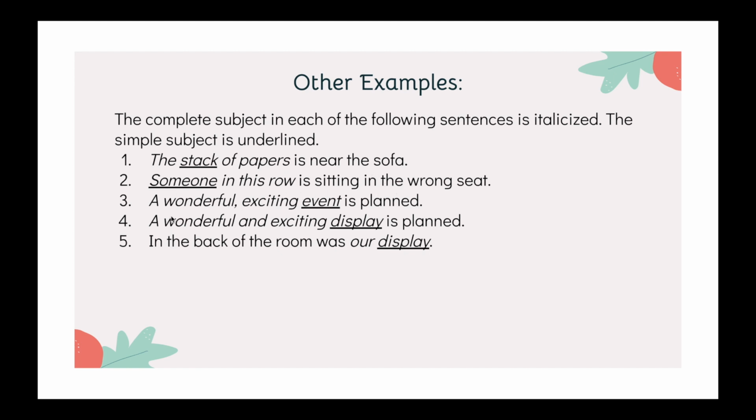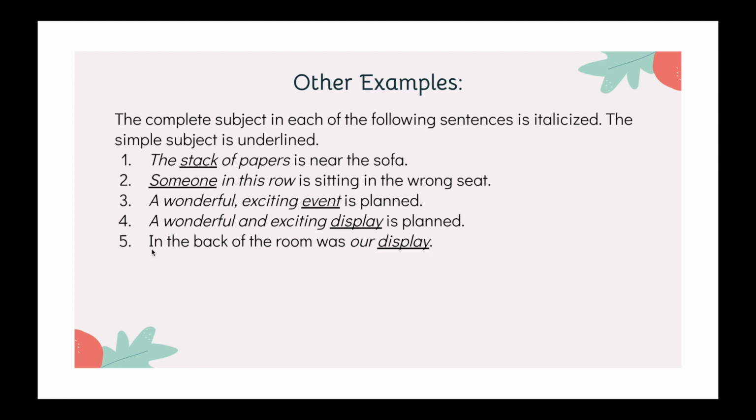And then "A wonderful, exciting event is planned." The simple subject is event, the complete subject is a wonderful, exciting event, and it ends right before the verb is planned. "A wonderful and exciting display is planned." The small difference is that the first one is connected by a comma, while this one is connected by the conjunction and.